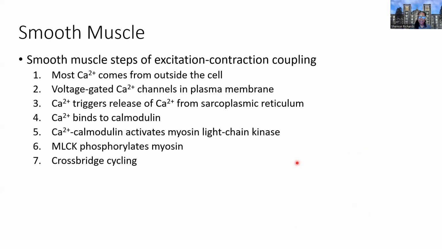So instead, calcium has to come from outside of the cell as well as from the SR. Most of the calcium here comes from outside of the cell to drive this contraction. It's going to do so by way of voltage-gated calcium channels on the cell membrane, or the sarcolemma. And then when calcium comes in from the extracellular fluid, it actually triggers more calcium to be released from the SR.